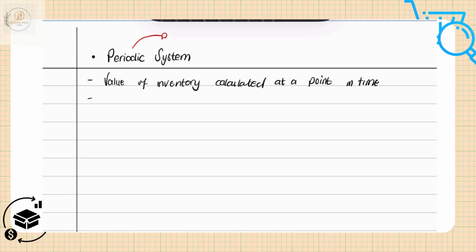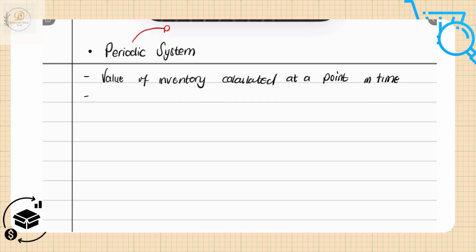Because it's calculated at a point in time and not continuously, we're going to need things such as physical stock counts. We need to physically count, because there isn't anything that calculates for us. Stock counts will need to happen for us to account for the value of inventory. So this determines inventory's value or balance.